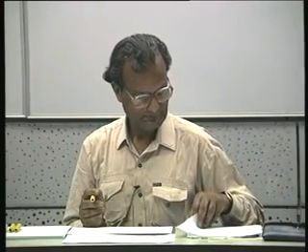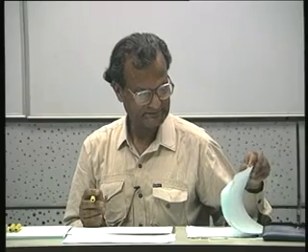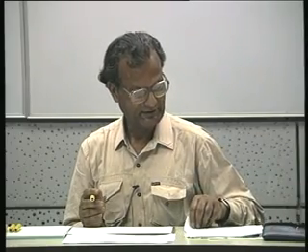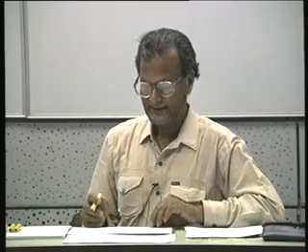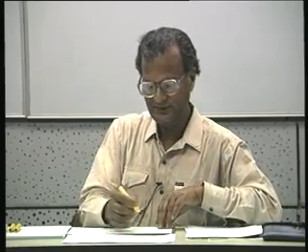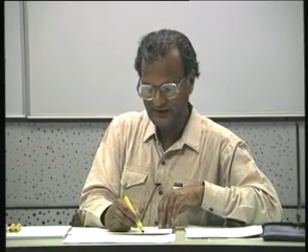The fourth point that I want to mention here is the following, and this I have to state without proof, because the proof is beyond the scope of this class.